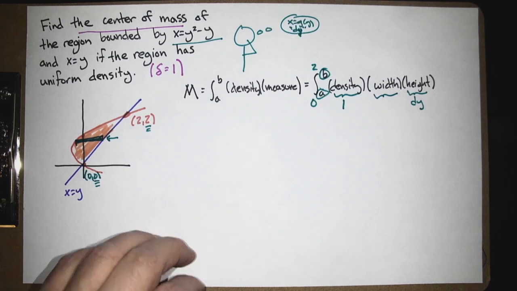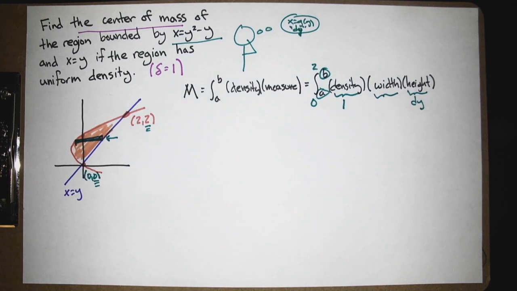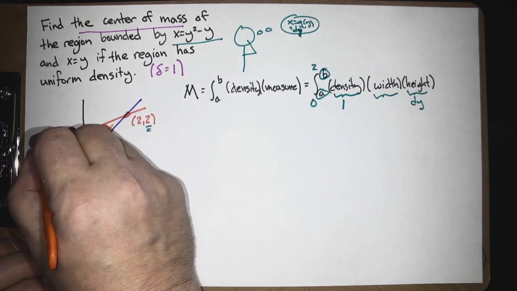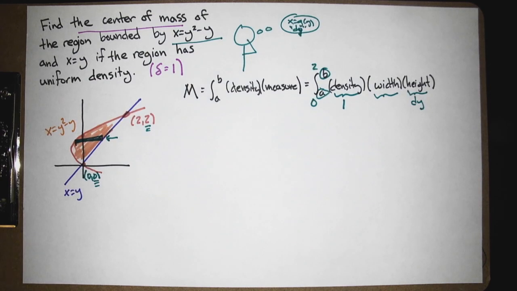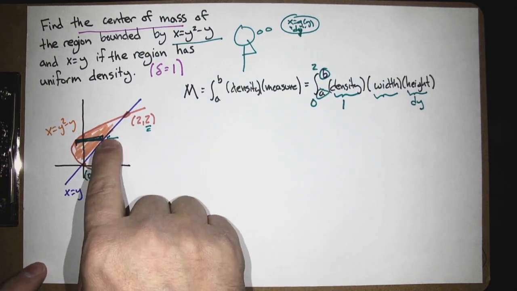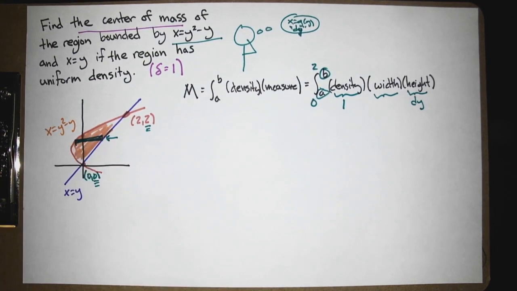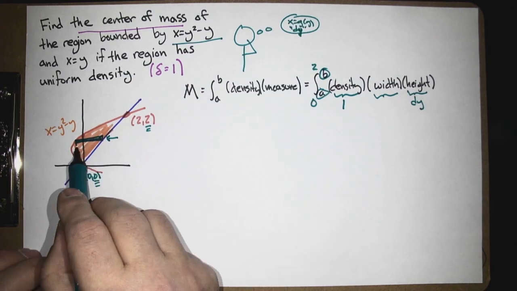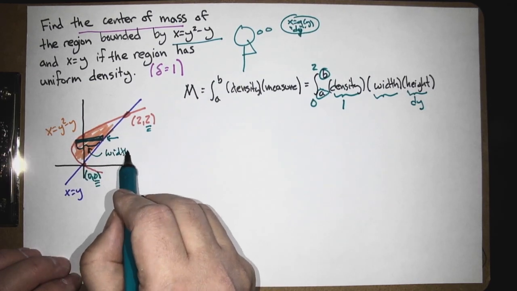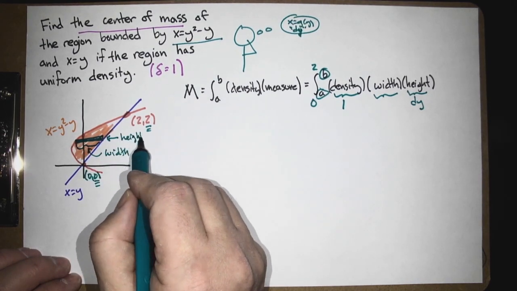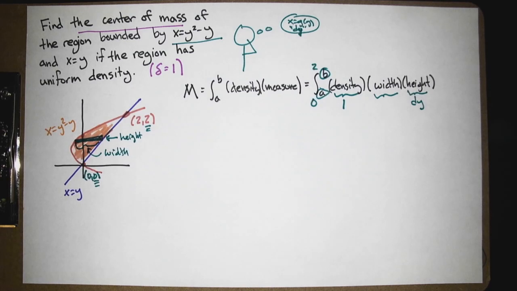That leaves us with just one more thing to figure out. What's our width? So we look at our picture, and I forgot to mark down the formula, so I'll mark it down now. We have x equals y on the right-hand side, x equals y squared minus y on the left-hand side. So the width is going to be this length here. That's our width. How wide is that?